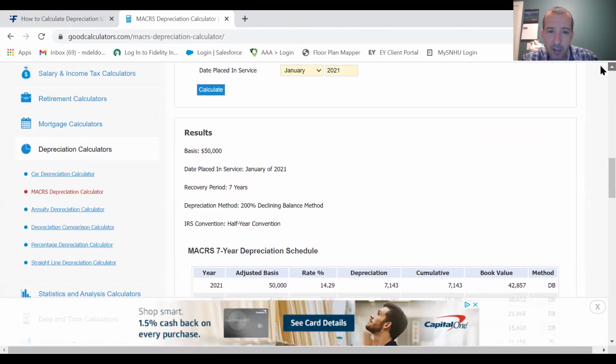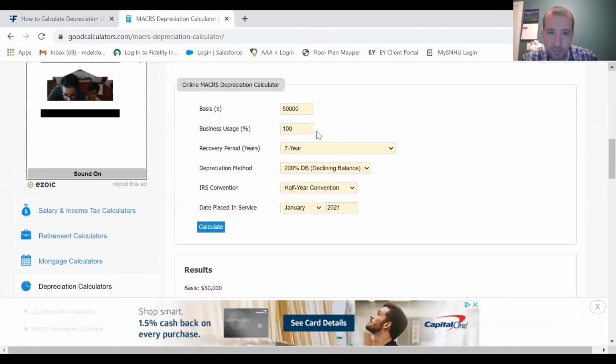So in this calculator, because it's real property, you can see we're going to use the rates given at a half-year convention. We're going to bounce around a little bit here.